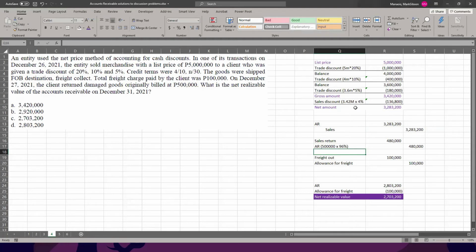Of course, kung halimbawa binili natin siya at discounted price, ultimately yung sales return will also have the discount. So that's 500,000 multiplied by 96%, or 480,000.